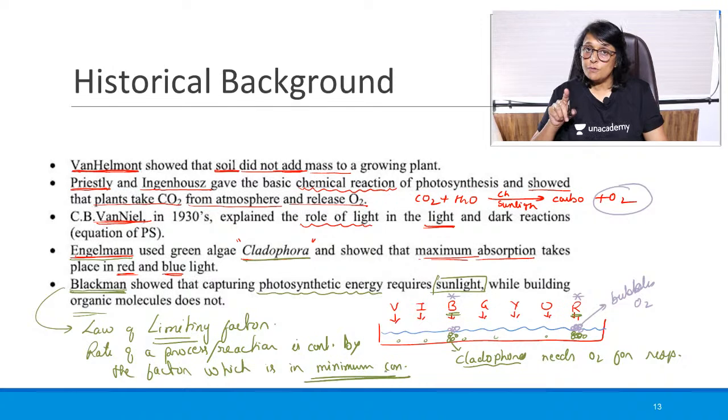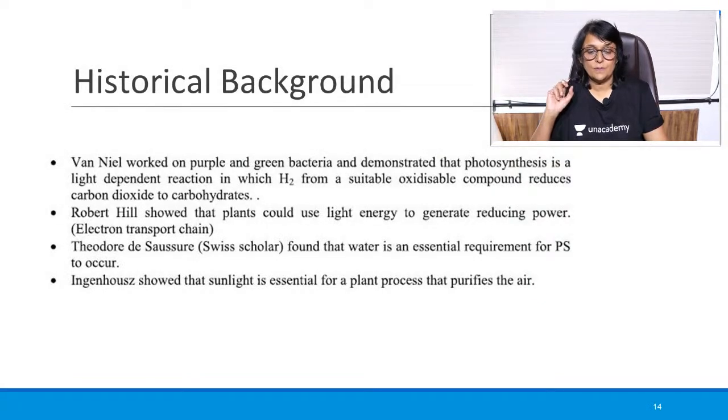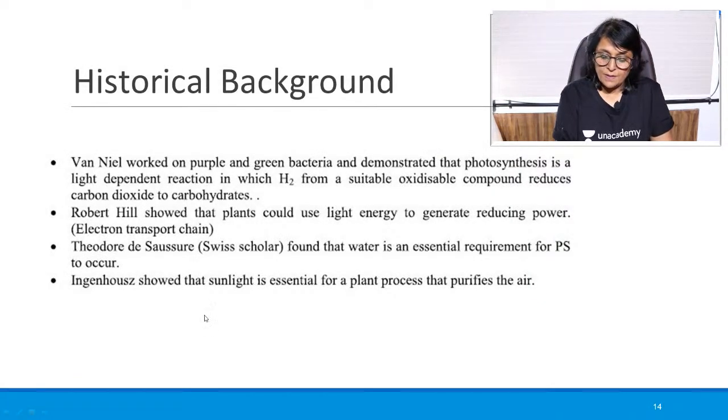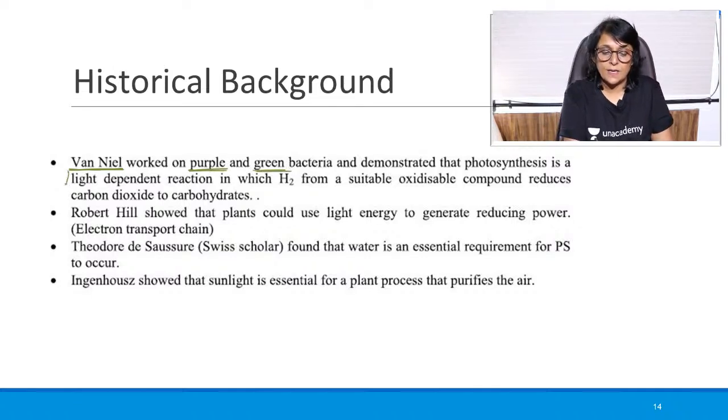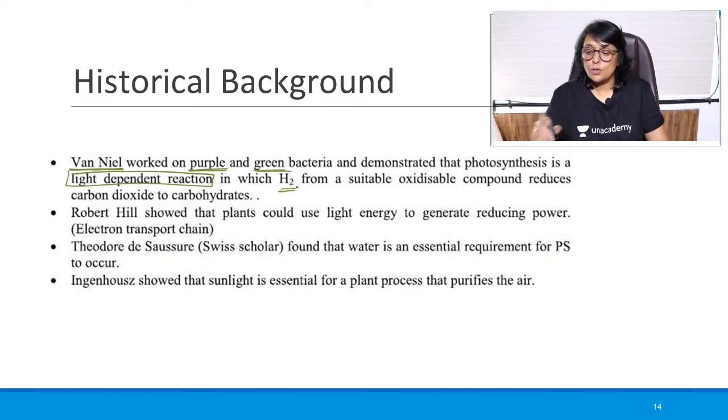So these are a few scientists and their contribution. Let us take a few more. Van Niel, another scientist, worked on purple and green bacteria to demonstrate that photosynthesis is a light dependent reaction in which hydrogen from a suitable oxidizable compound reduces carbon dioxide into carbohydrates.